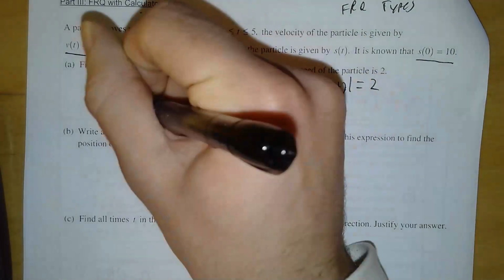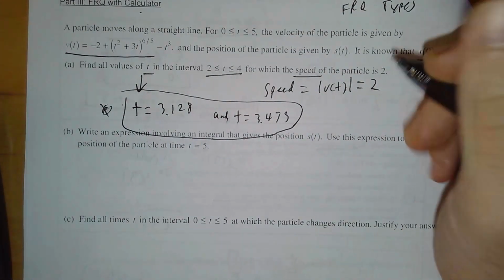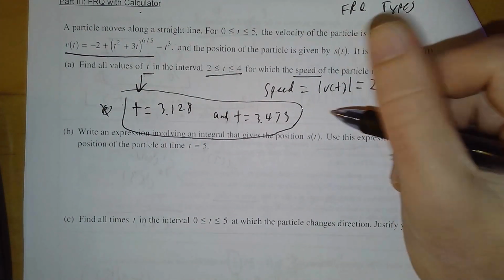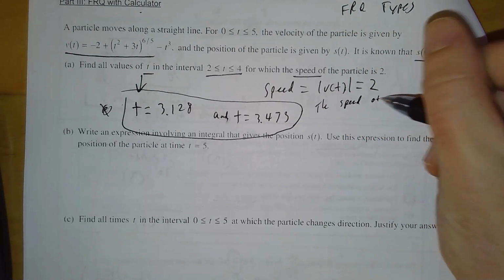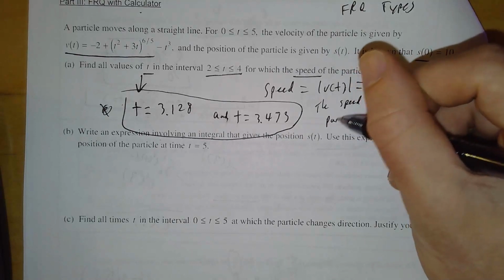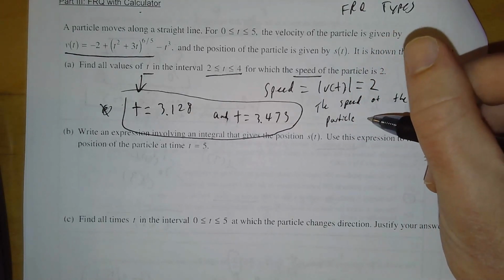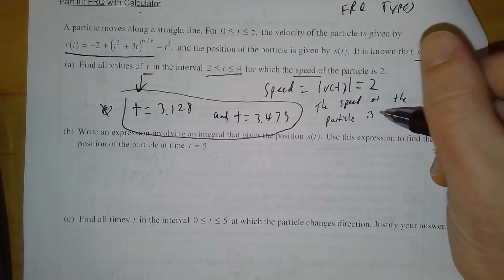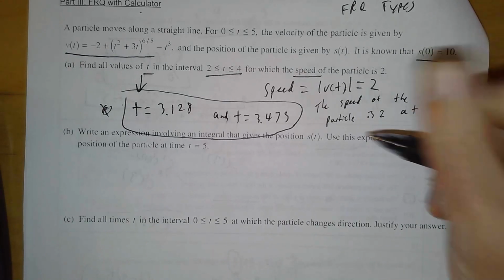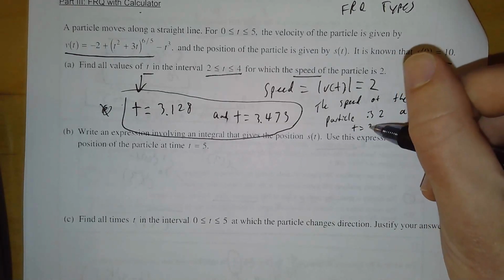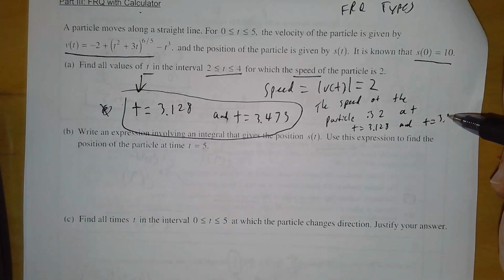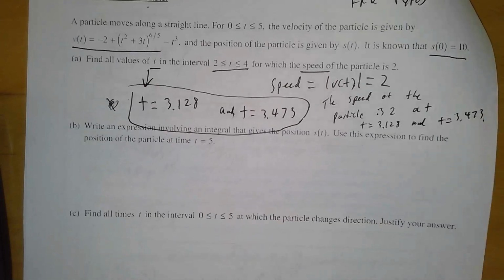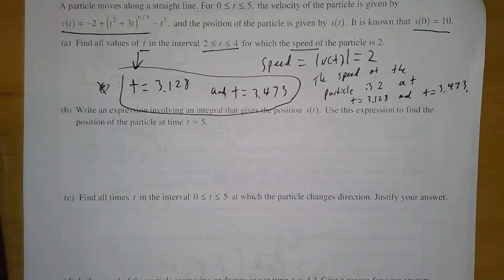So you can say the speed of the particle is 2 at t equals 3.128 and t equals 3.473.